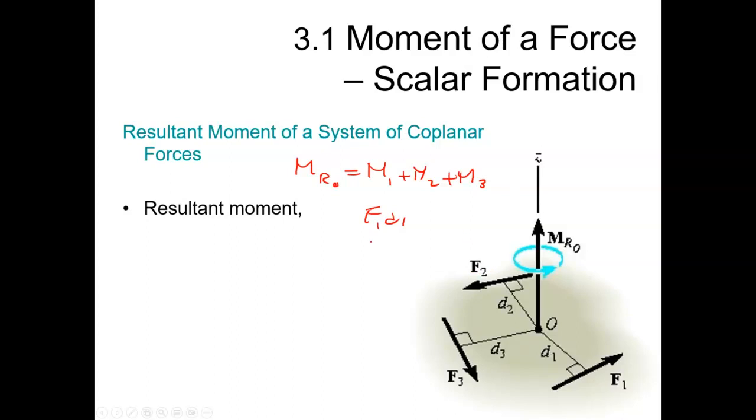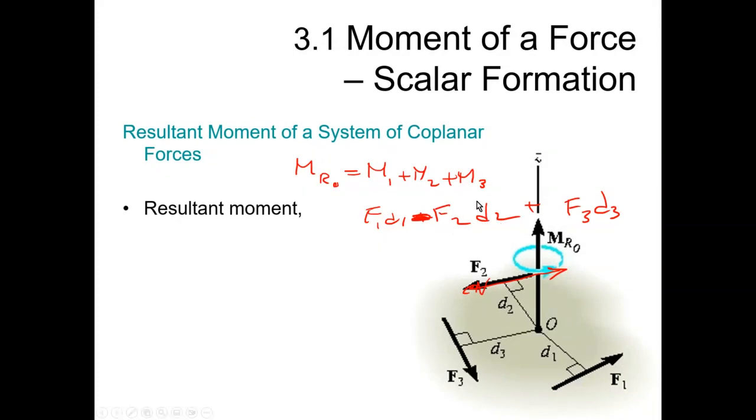Yes, that is positive, because your thumb would point up, so that is plus F2 D2. The third one is also positive, plus F3 D3. If hypothetically I had this one directed the other way, then I should change this sign to negative, because F2 using the right-hand rule is pointing down. That's the negative direction. So far, so good.